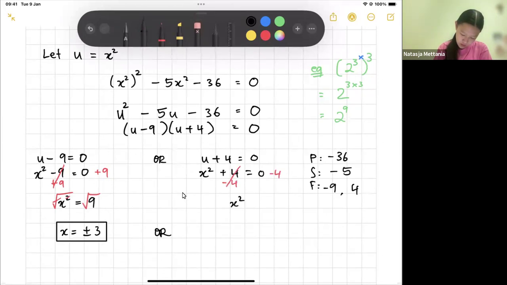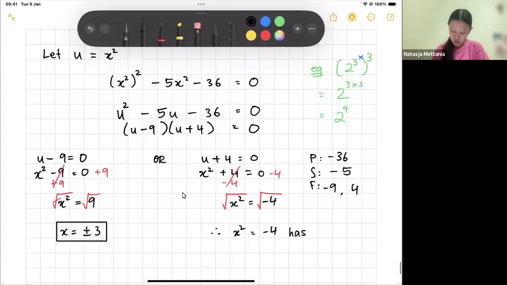X squared equals negative 4. Now, if I were to square root this, I can't square root a negative number. So what I'm going to write down now is, therefore, and I'm going to take the or out. Therefore, x squared equals negative 4 has no solution.